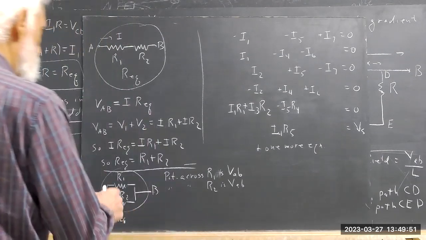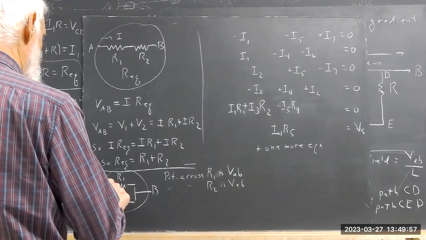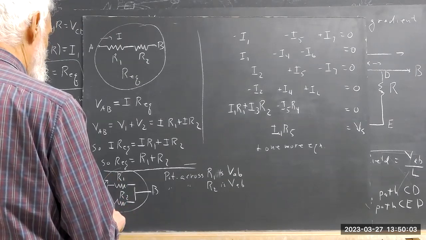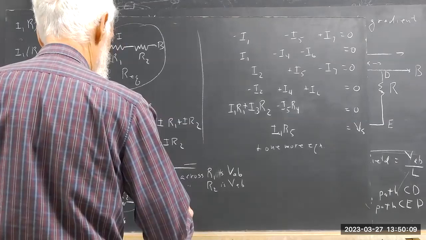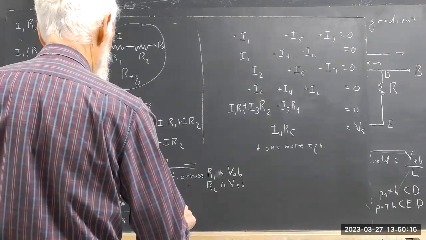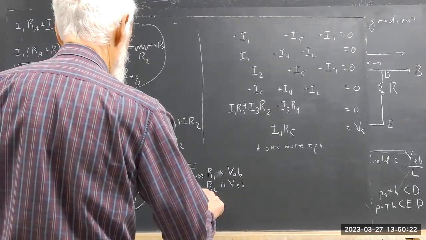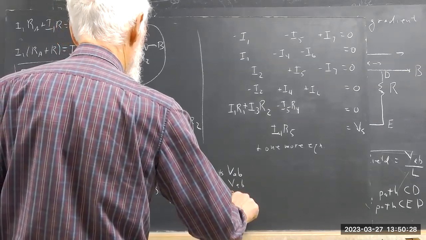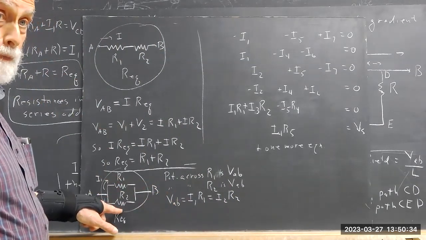So you have a current I1 here, current I2 here, so that the potential drop is I1 R1, it's also I2 R2.